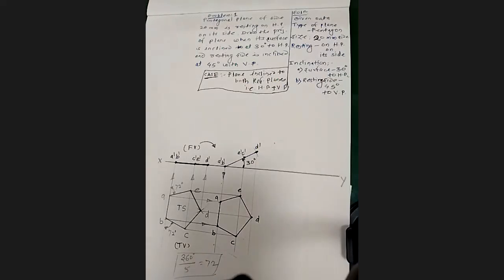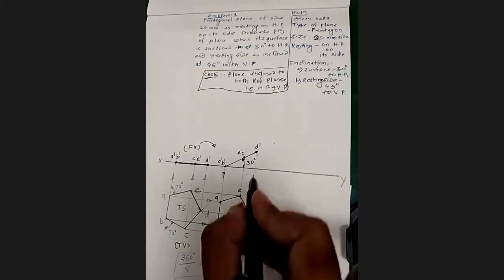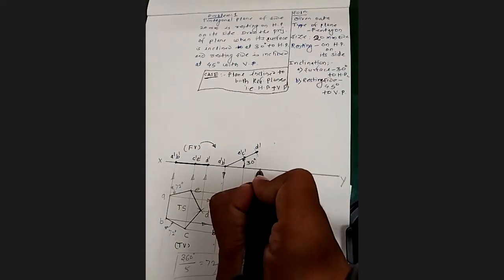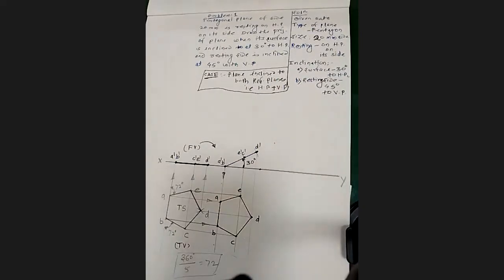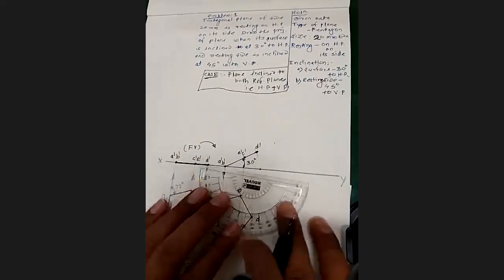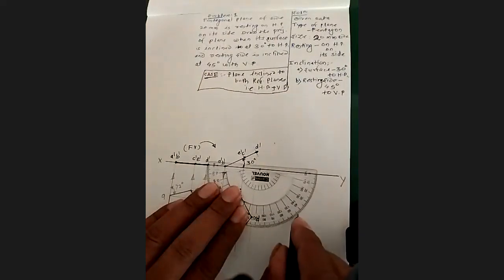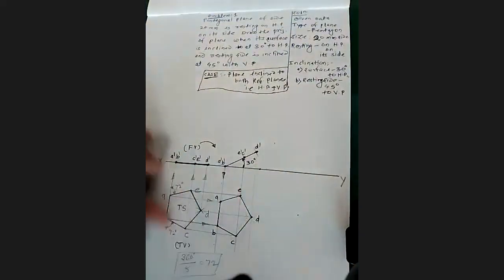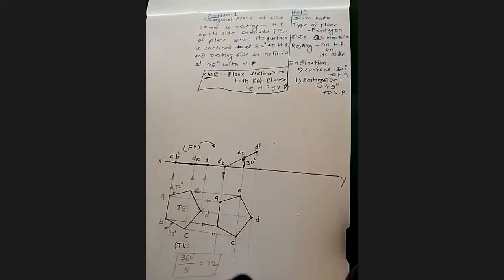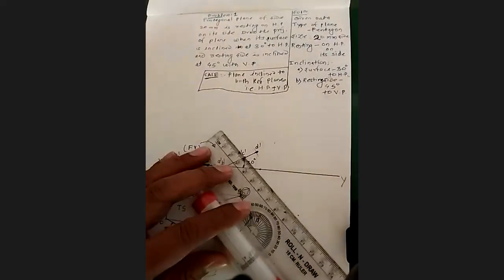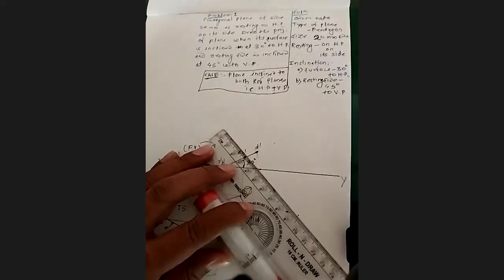So what we will do, I will take one point on the XY line, suppose this point, through which I will take 45 degrees.